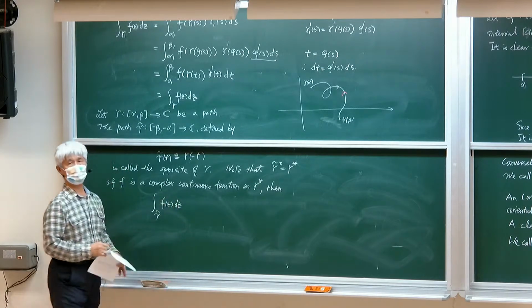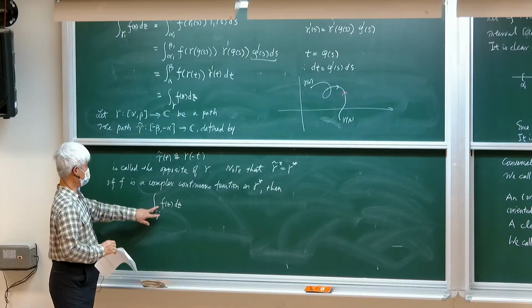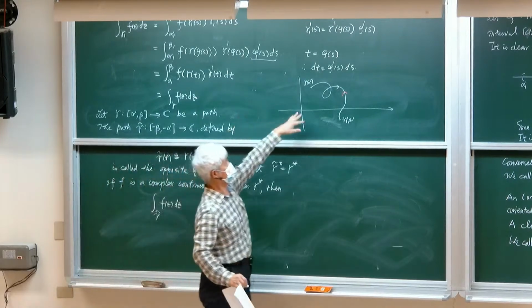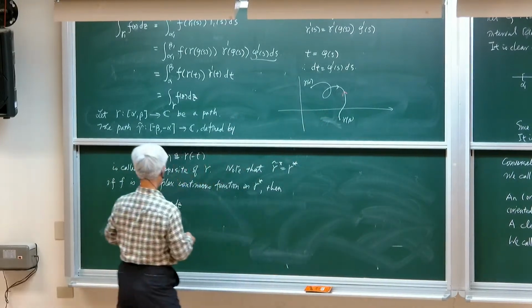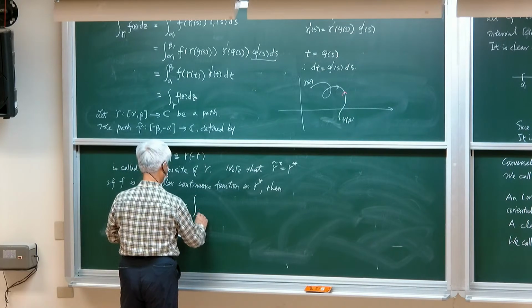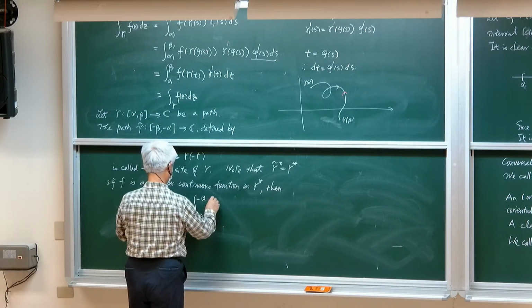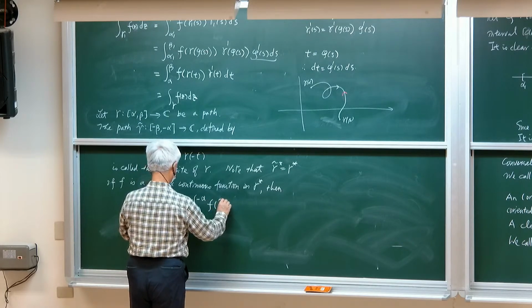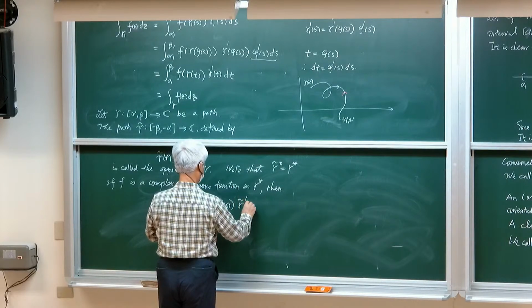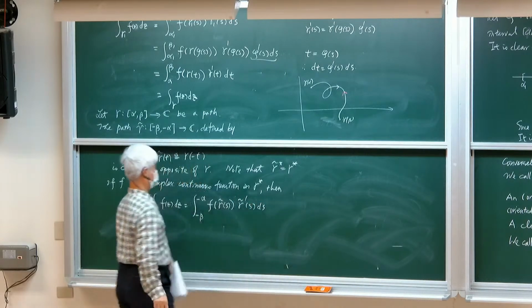We just change the orientation of the image. So this will be the integral from minus beta to minus alpha of f of gamma tilde of x times gamma tilde prime of x dx.